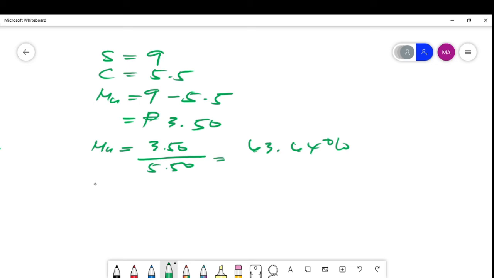The markup rate based on the selling price will be computed as follows: 350, which is the markup, divided by the selling price, which is 9 pesos. So 350 divided by 9 is equal to 38.89%.